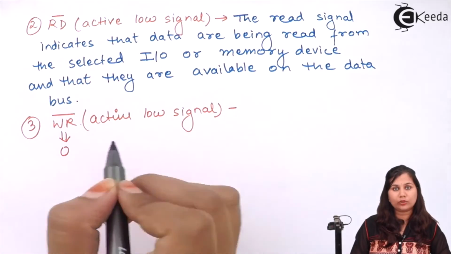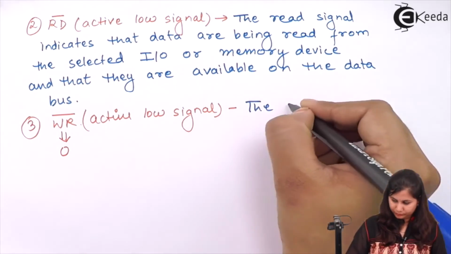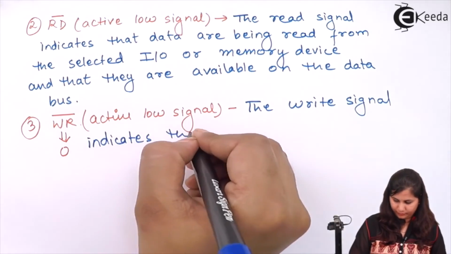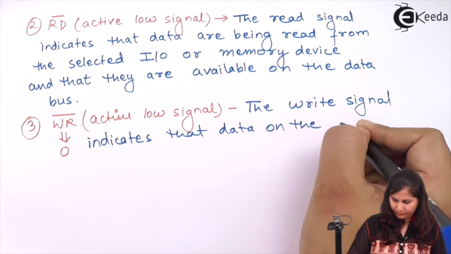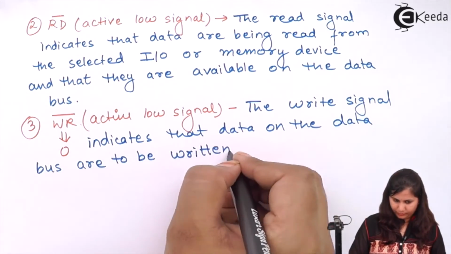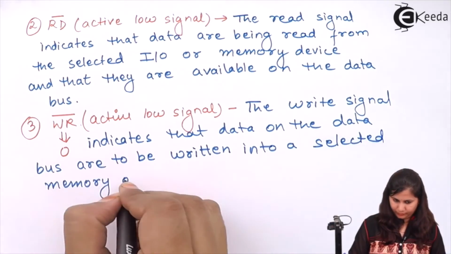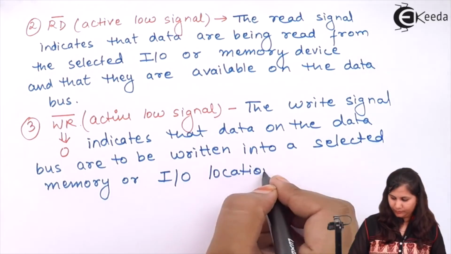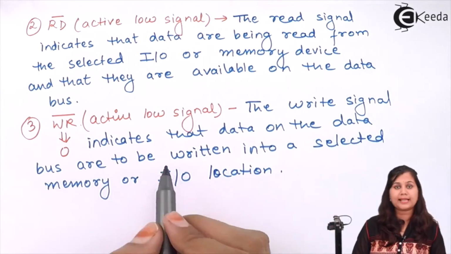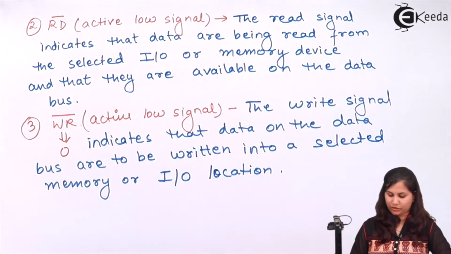When it is 0, it means that the microprocessor is performing the write operation. So when this write signal is low, it means that the data on the data bus has to be written on the selected input output device or the memory location.